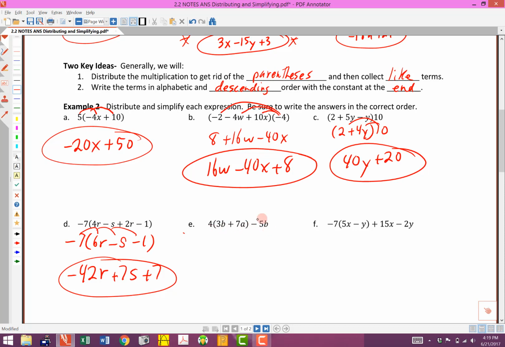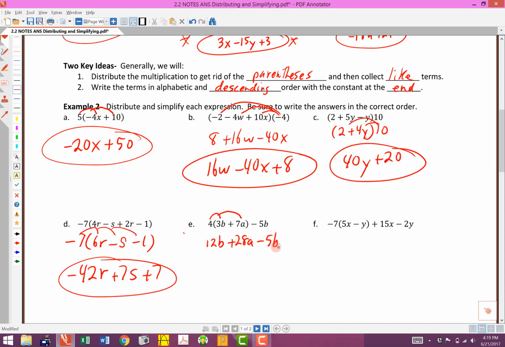This one's an interesting one because we've got this number hanging around here at the end. Remember, this multiplication only applies to the stuff in parentheses, so it only gets multiplied with this and this. That negative 5b is just going to hang out on the end there for just a second. So we're going to have 12b, 4 times 3b is 12b, 4 times 7a is going to be 28a, and then minus 5b.